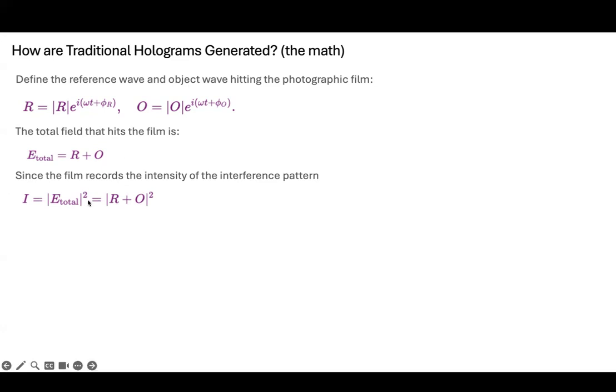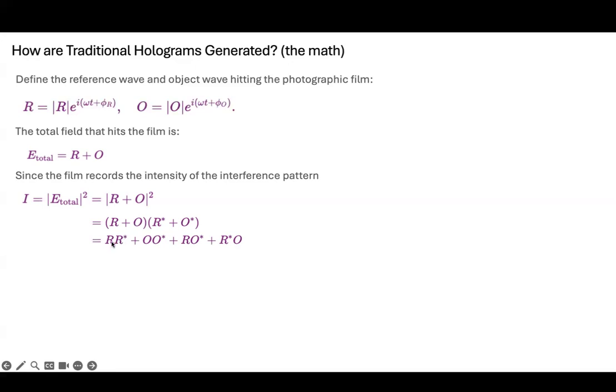And again, the intensity is equivalent to the absolute value of the total field squared. If you expand this term, you will get four different terms. The star is just the complex conjugate.